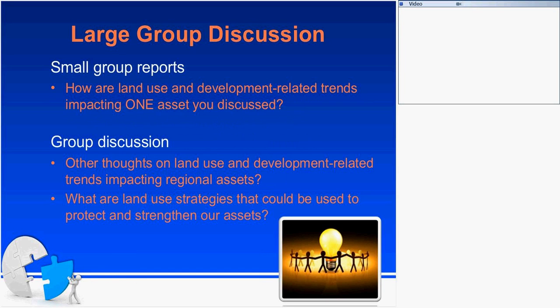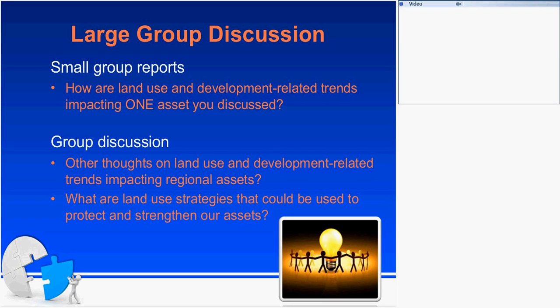And then it asks the group to brainstorm and discuss how land use and economic development related trends, those big picture trends that we talked about at the beginning of the module, are impacting your regional assets. And then to brainstorm what land use decisions or actions you could take to preserve or strengthen your assets.